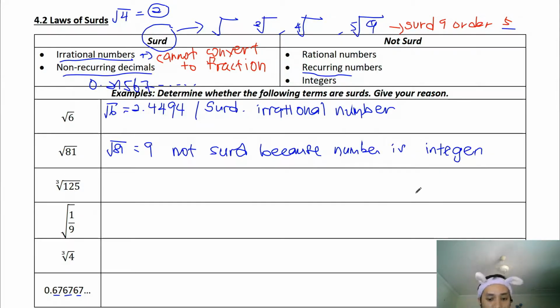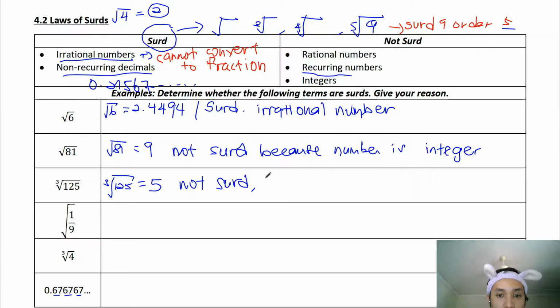What about Surd 125 to the order of 3? If you press your calculator, you will get 5. So this one is not a Surd because 5 is an integer.